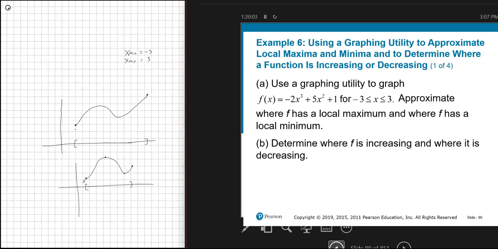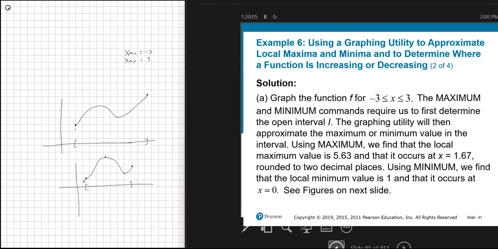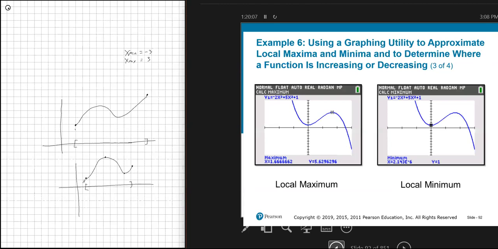And so I got the same numbers they had gotten. So my screen looks exactly like their screen. And then you can do the same thing to find the minimum.